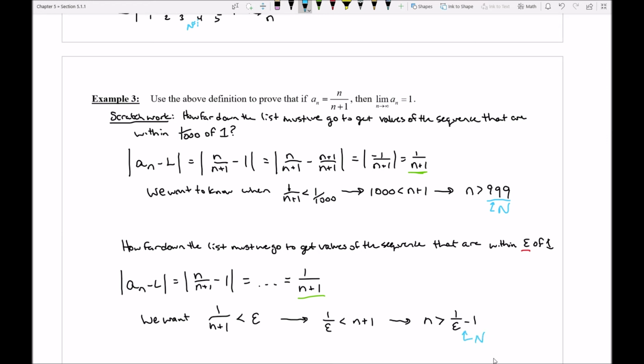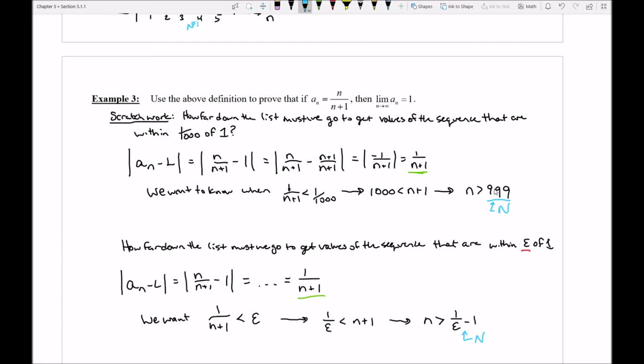But here's the benefit. What we established is that our green gap could be as small as we wanted, smaller than any number, as long as we looked past this value in the list. If my epsilon was 1/1000th, I would have to look past 1 over 1/1000th, which is 1,000, minus 1, 999.